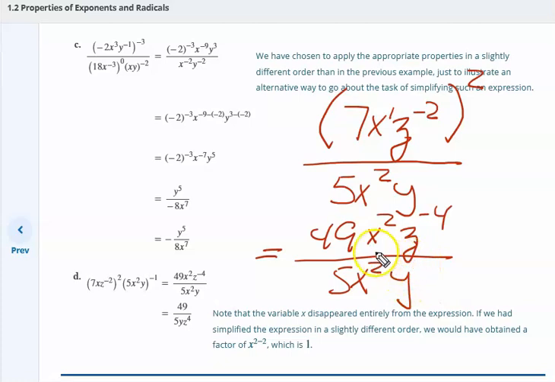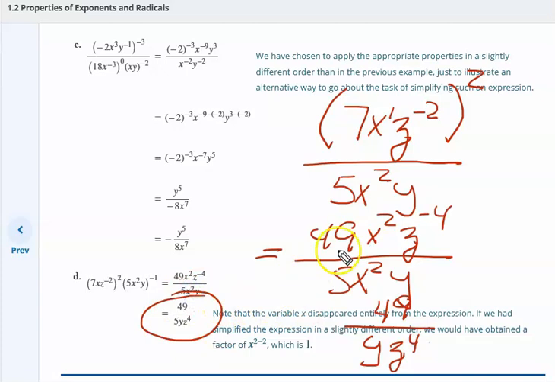And now to summarize this, x to the second over x to the second, this is going to become a 1. So I'm left with a 49 in the numerator. Bring that negative 4 down as y stays there, and then z to the fourth.